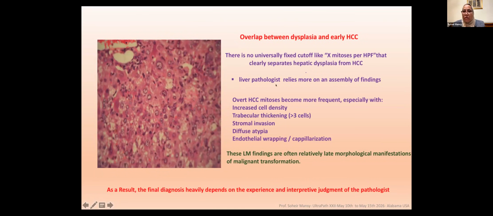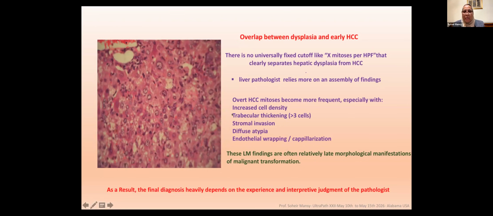For this, liver pathologists rely more on an assembly of findings. Usually, mitosis becomes more frequent, especially in case of increased cell density, trabecular thickening, stromal invasion, diffuse atypia, endothelial wrapping.